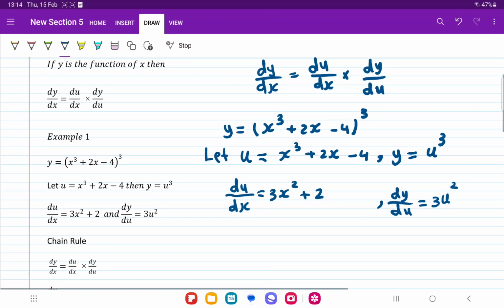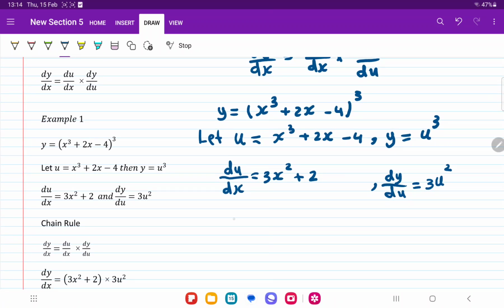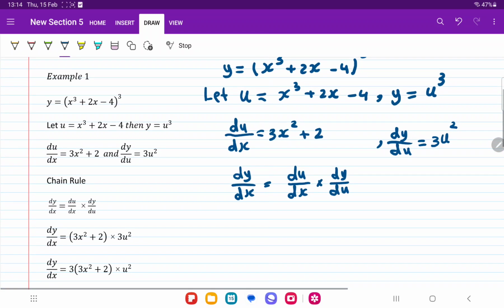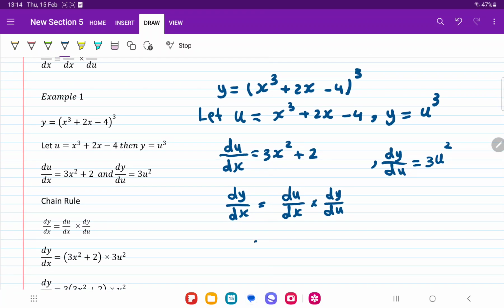So now I'm going to write down the formula of chain rule, which is dy over dx equals du over dx times dy over du. So all I'm going to do now is replace du over dx with this answer here.